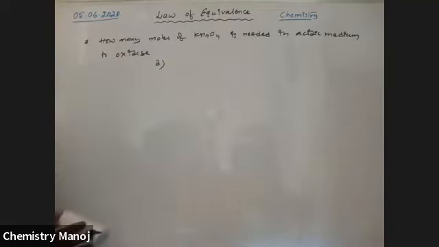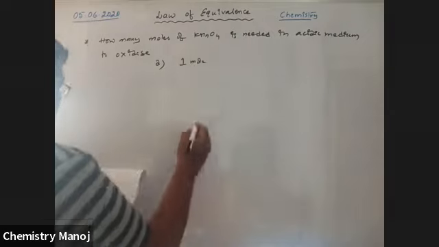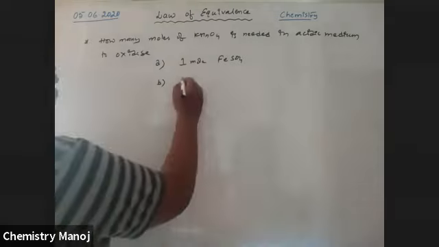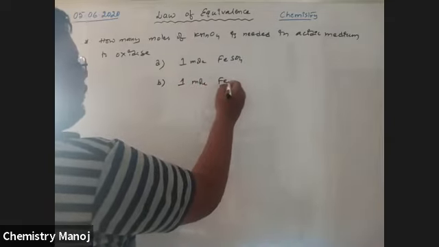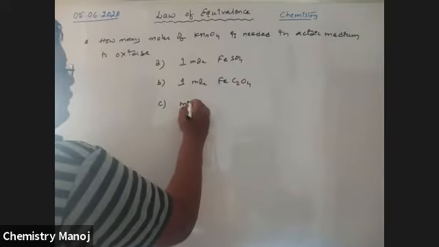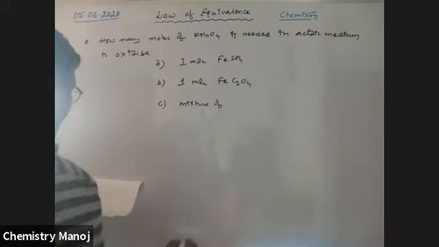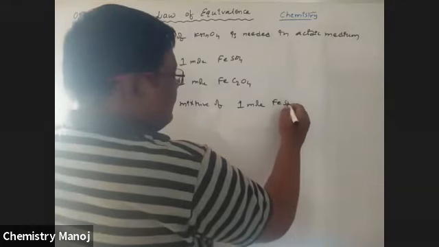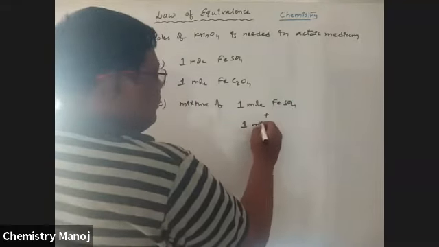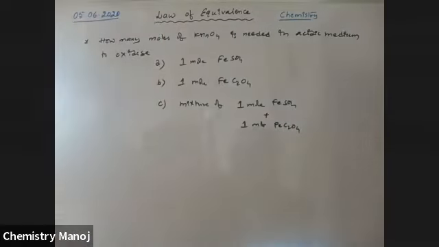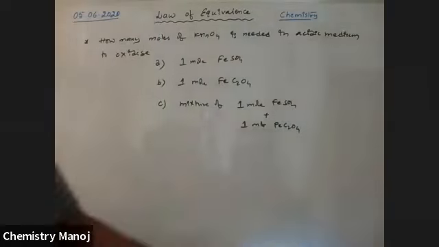Question A: to oxidize 1 mole of FeSO4. Second question, 1 mole of FeC2O4. Third one, a mixture of 1 mole of FeSO4 plus 1 mole of FeC2O4. Tell me the answer based on today's concept.